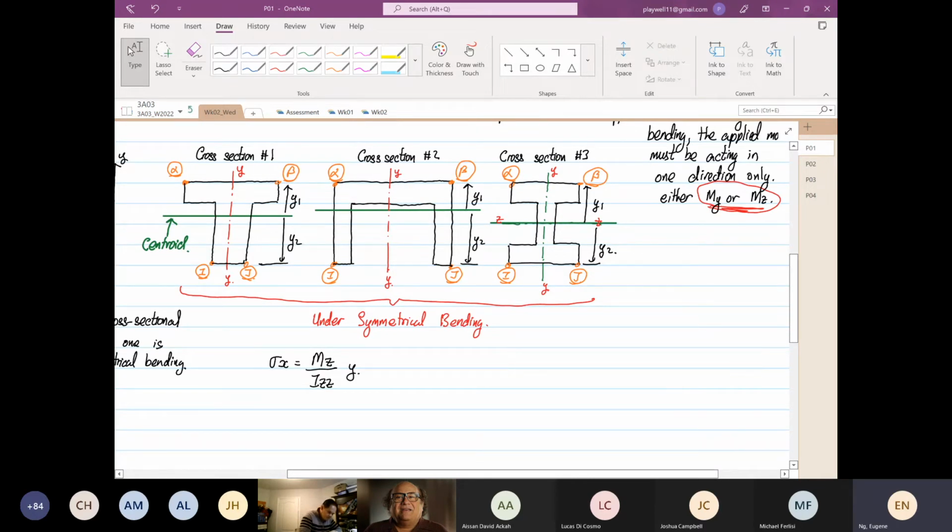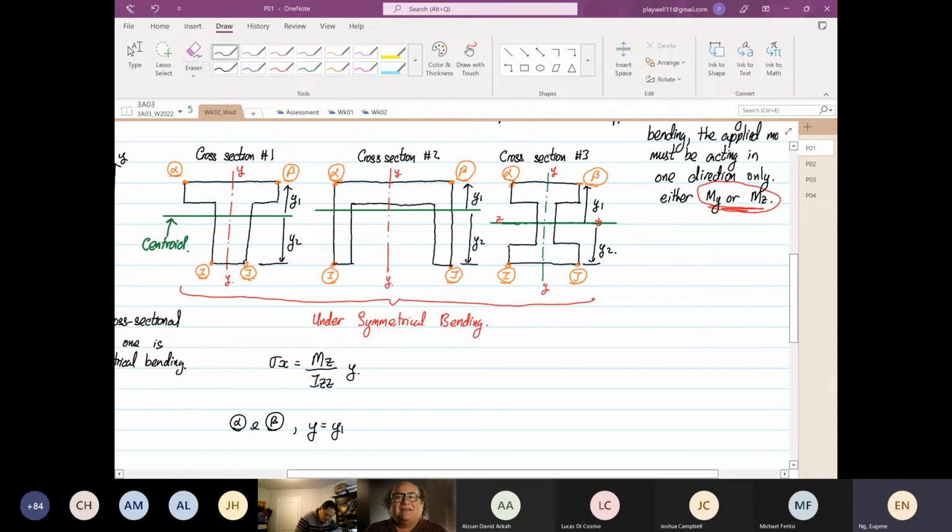Okay, so I'll write this out. For points alpha and beta, y is equal to y1.